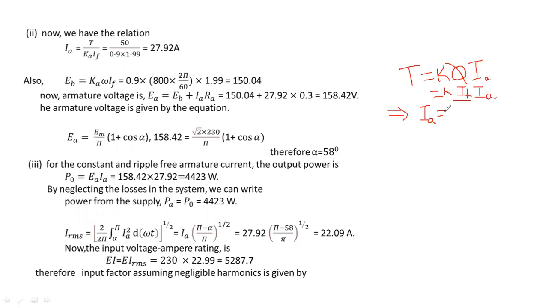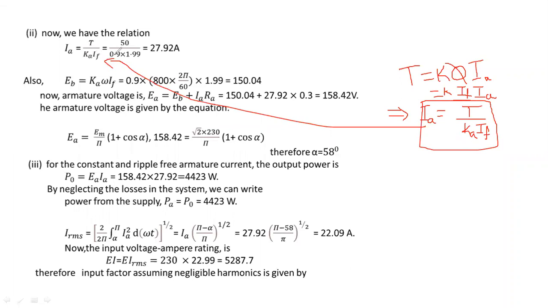So from this equation we can write IA is equal to torque T by Ka into If. Very simple.